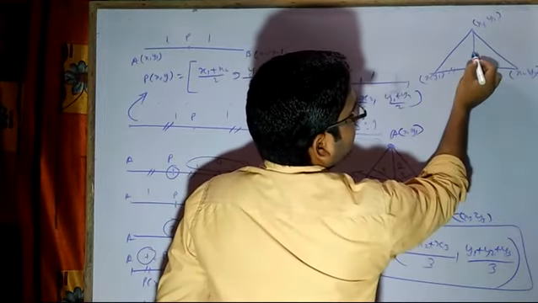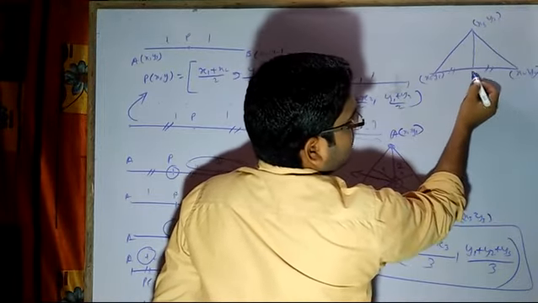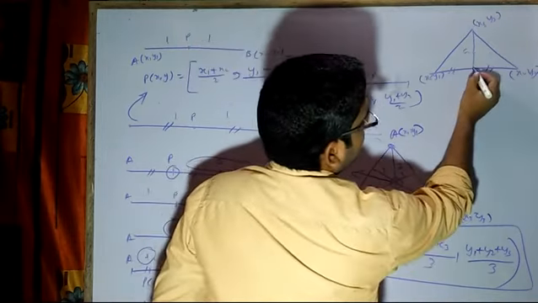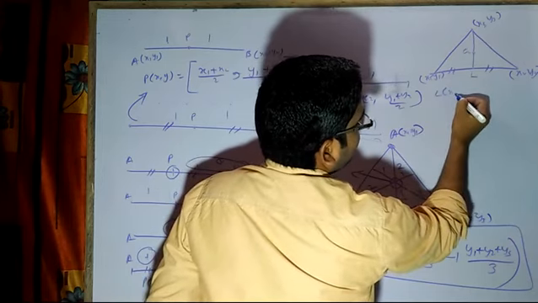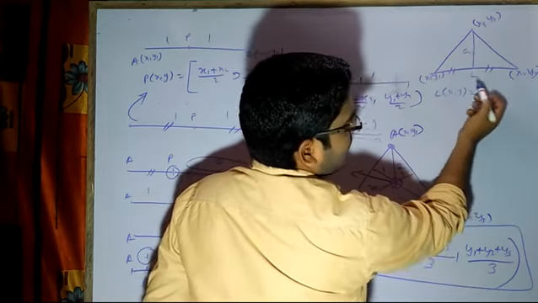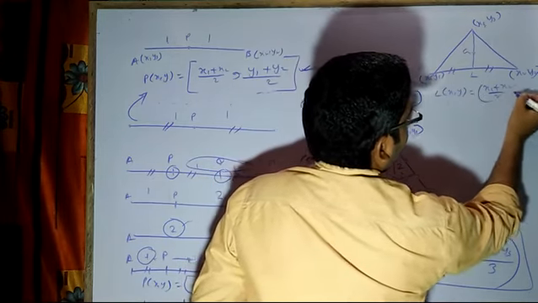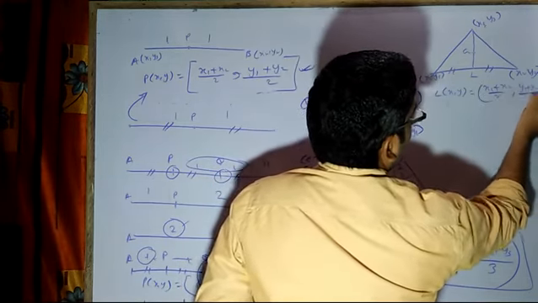As we know, this point is divided. Suppose this is L, this is G. Now the L coordinate, L (x, y), will be equal to (x1 plus x2) by 2, and (y1 plus y2) by 2.